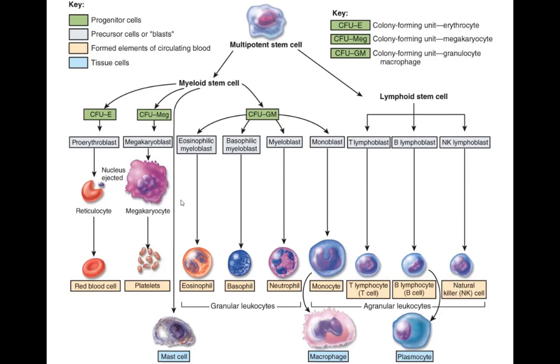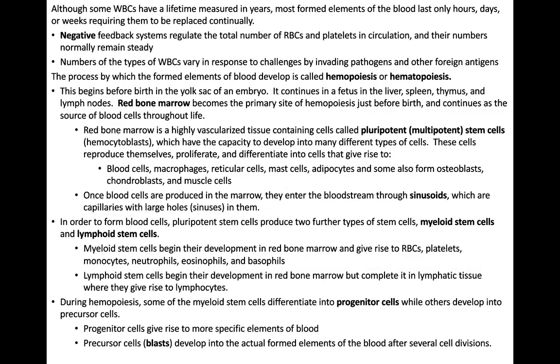They also can form other cells like this mast cell here, which is in our connective tissues. Monocytes can transform and become big cells called macrophages. B cells or B lymphocytes can form plasmacytes or plasma cells, as we'll sometimes see them listed, which are the cells that actually produce our antibodies. Okay, so we can form a lot of different things: blood cells, macrophages, even reticular cells that were pictured there.